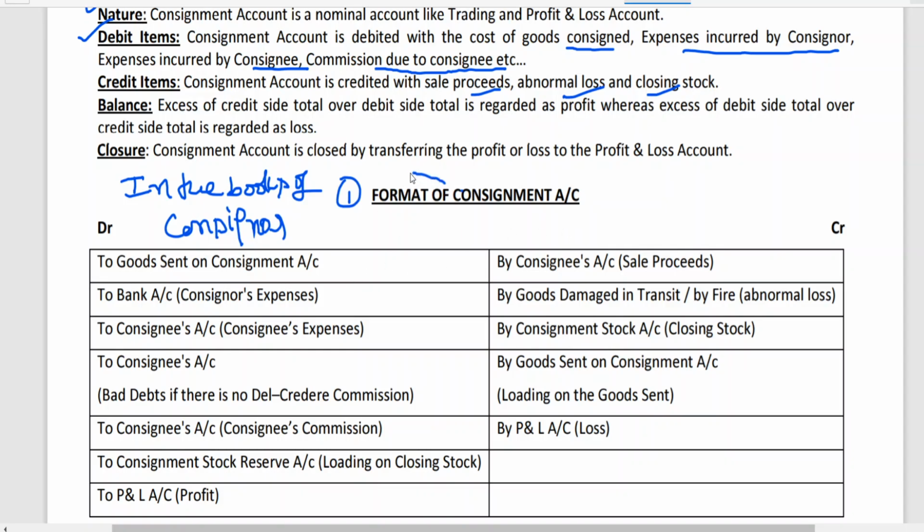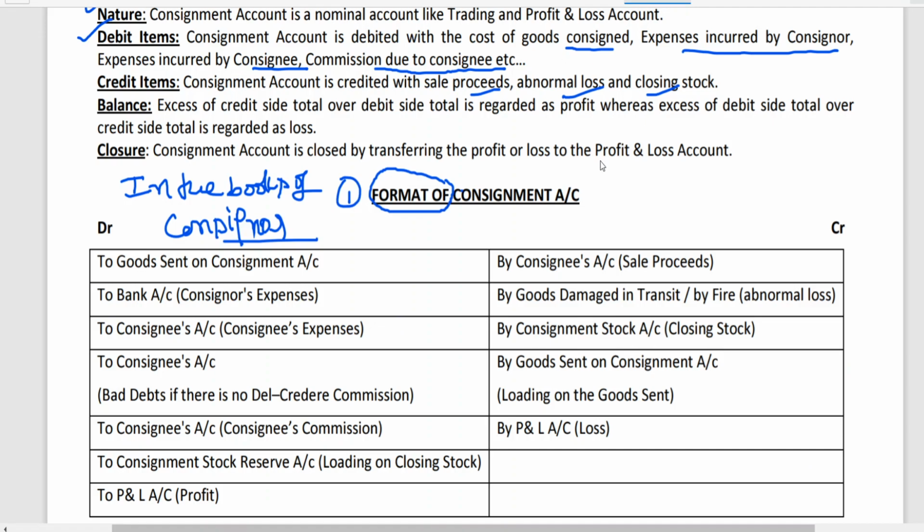You look at the format. In the books of consignor, the first account is consignment account. Then the second account I am writing here: consignee account. One more thing, you can also say consignment account is a nominal account.